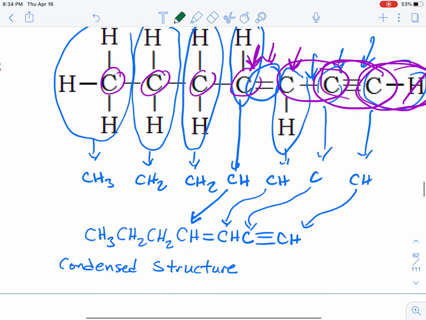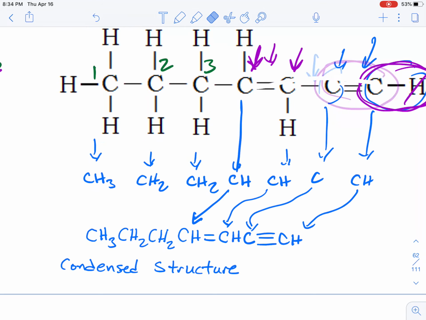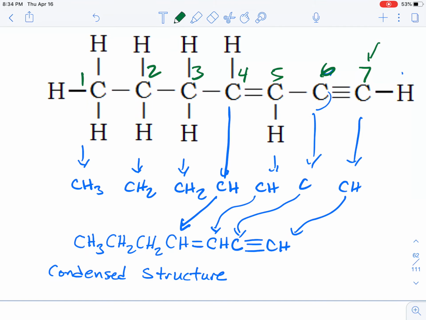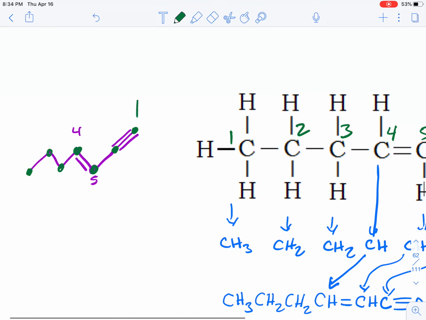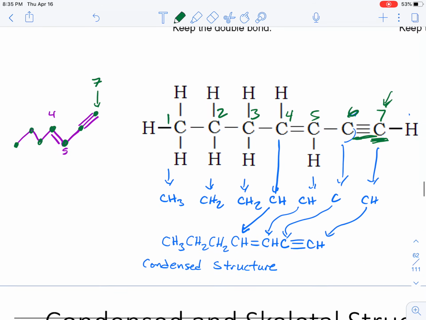And if you guys look, I have 1, 2, 3, and you start erasing. 4, 5, 6, 7. Okay? So that 7th carbon on a triple bond is this carbon right here. Okay? And once again, we can ignore the hydrogens.